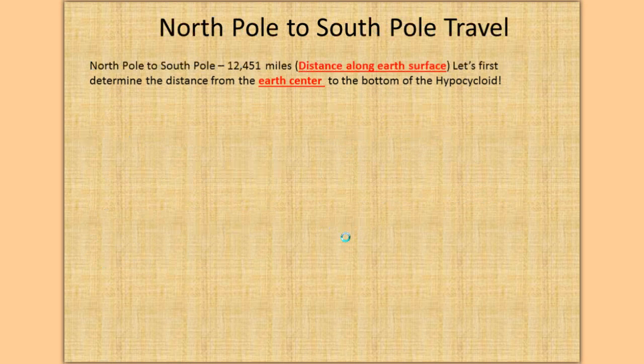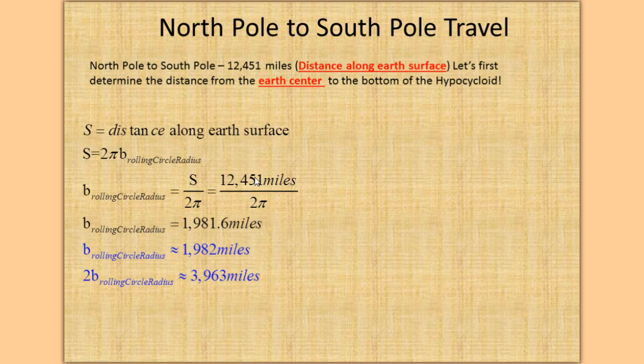Okay, North Pole to South Pole. Well, the North Pole to South Pole distance along the surface is 12,451 miles. Okay, and we do the same thing. Divide that by 2 pi. We get 1981.6. Multiply that by 2, 3,963 miles. What? 2B is equal to the radius of the Earth.